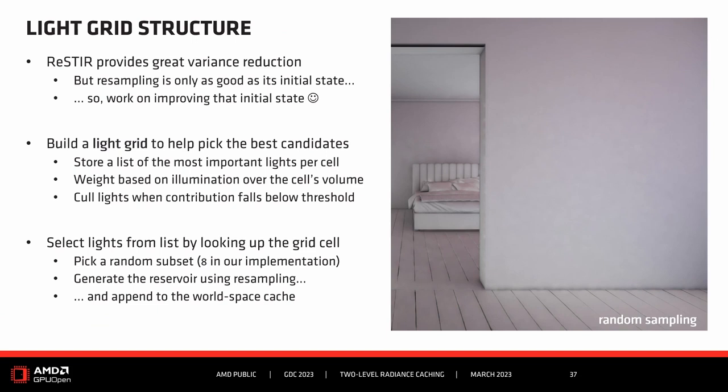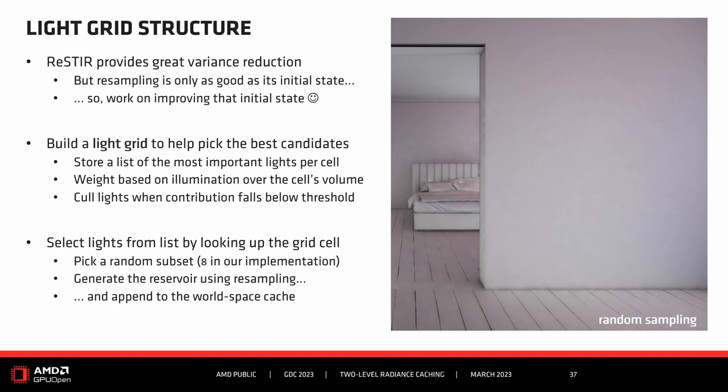Now, ReSTIR can provide very interesting variance reduction, but resampling really is only as good as the initial state being fed. If the initial state is not good, then the resampling won't work very well. So we want to work on improving that initial state. We implemented a light grid that's built over the entire scene that helps us pick the best candidates.